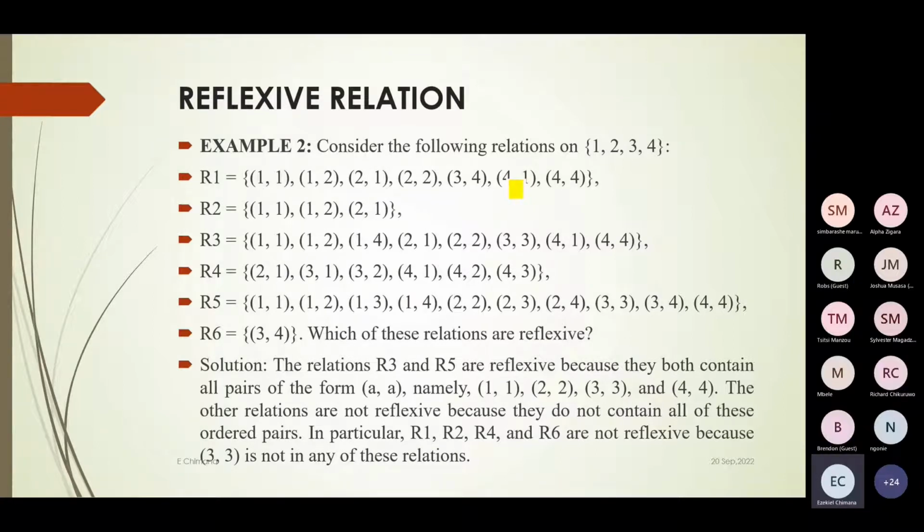So what we test is that for all elements in A, are they mapped to themselves? If they are mapped to themselves, we can confirm that R1 is a reflexive relation. But the logic will be the one that we use to select the ordered pairs.